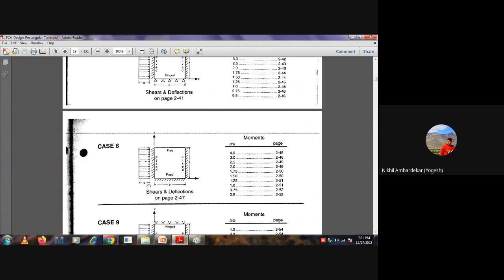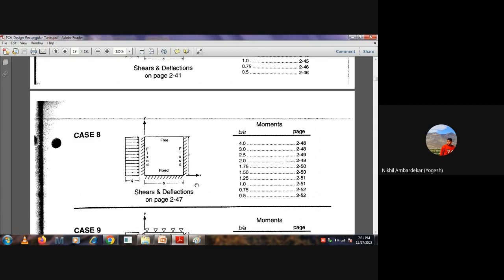Okay. So now what is our aspect ratio? Aspect ratio will be same. There is no change. So aspect ratio is 2.5.